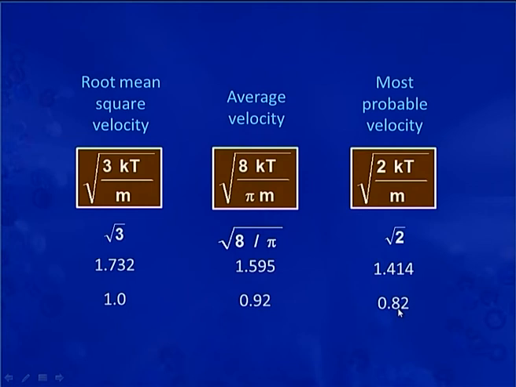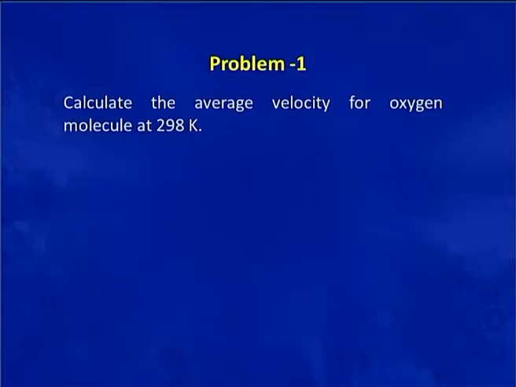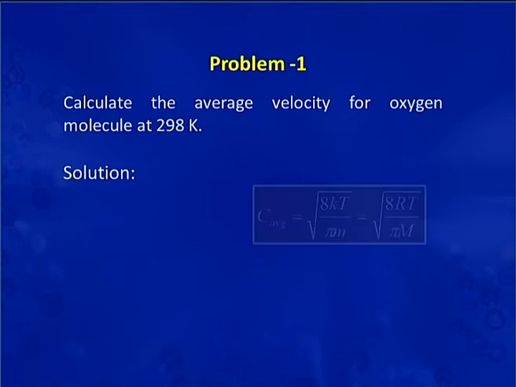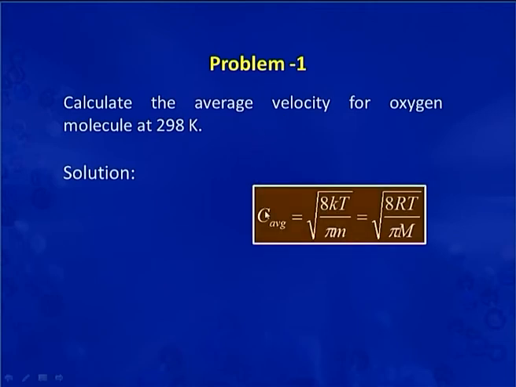Now, I have a numerical problem for you. Just calculate the average velocity for an oxygen molecule at 298 Kelvin. The solution is, as you know, C average is equal to √(8kT/πm), or you can write it as √(8RT/πM).